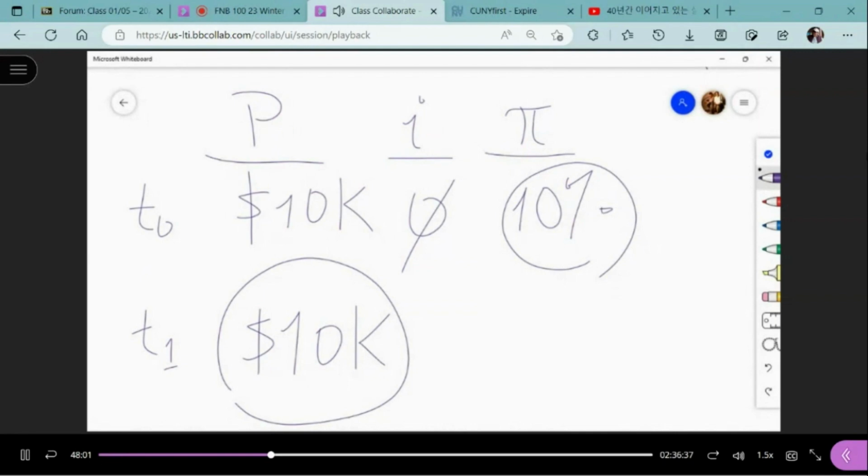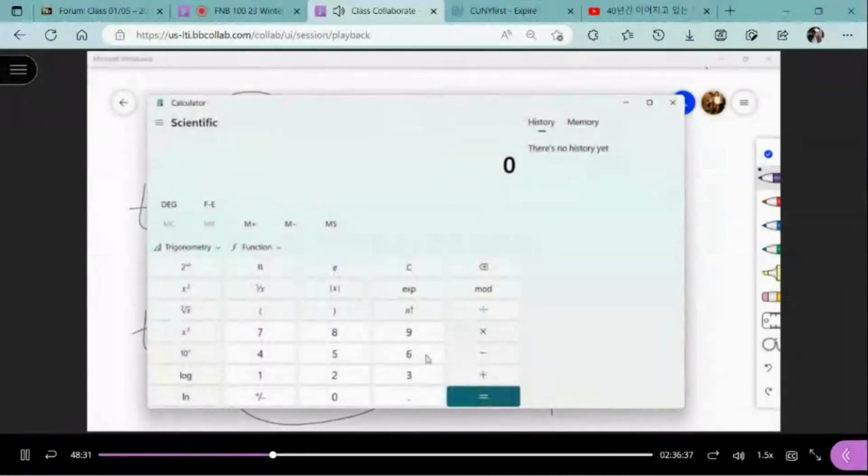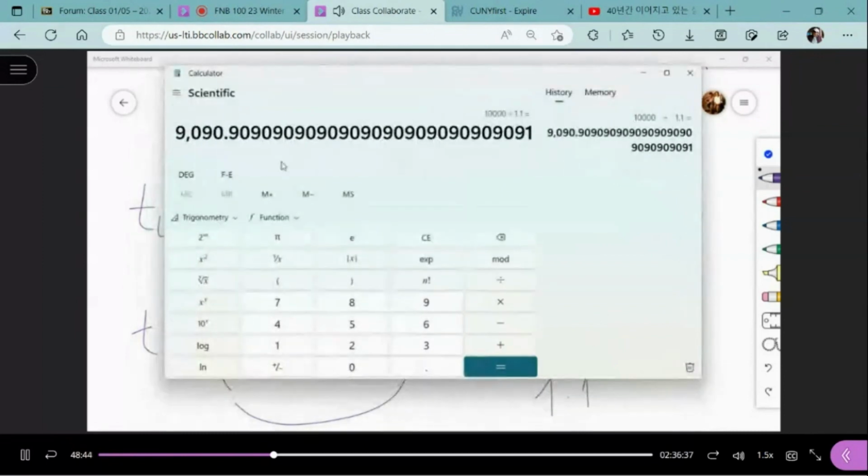You might think, oh, you can buy 10% less. No, it's not exactly like that. It will be roughly about 10% less. But to actually adjust for inflation, you will need to divide it by 1.1, and it will be slightly less than 10% less. In other words, 9,090.